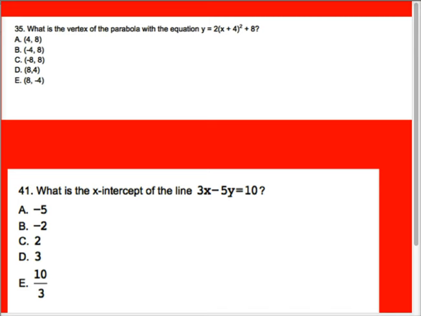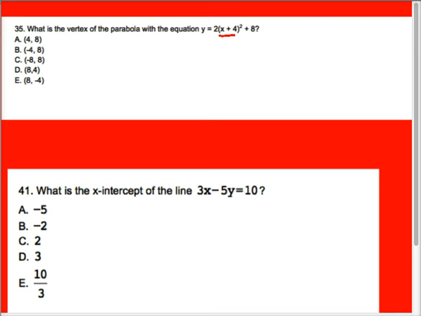What is the vertex of the parabola with that equation? Now, the nice thing about this is when talking about the vertex, this is already in vertex form. If you recall, it's chapter 2 in Algebra 2. We talk so much about transformations, and this is a set of transformations.